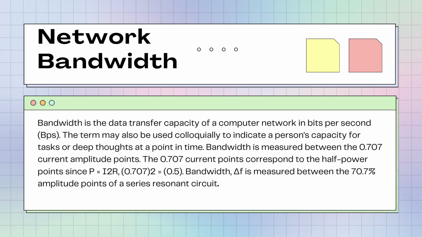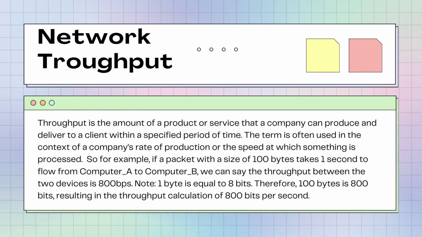The 0.707 current points correspond to the half power points, since P is equal to I squared times R. Bandwidth, delta F, is measured between the 70.7% amplitude points of a series resonant circuit.